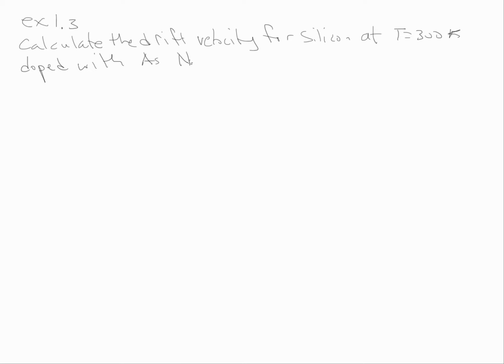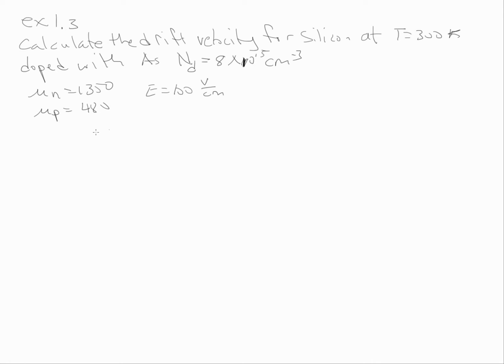Arsenic is a group 5 element, so that's a donor. Nd equals 8 times 10 to the 15th per centimeter cubed. And it's given in the problem that the electron mobility is 1350, and the hole mobility is 480, and the applied electric field is 100 volts per centimeter.